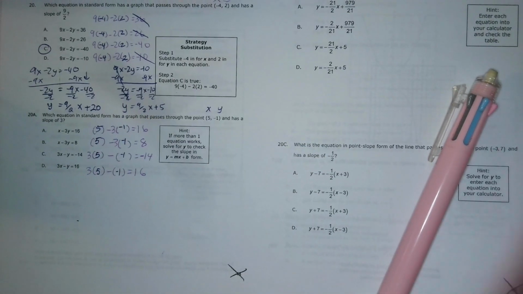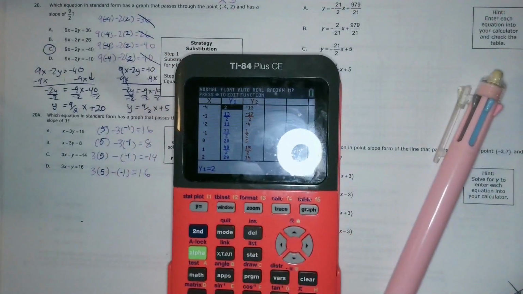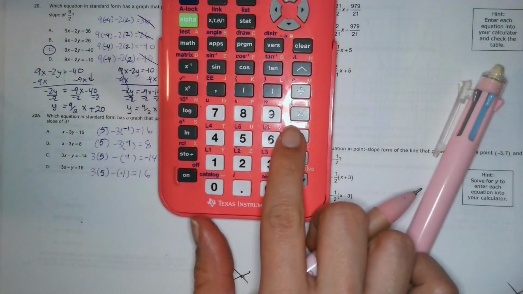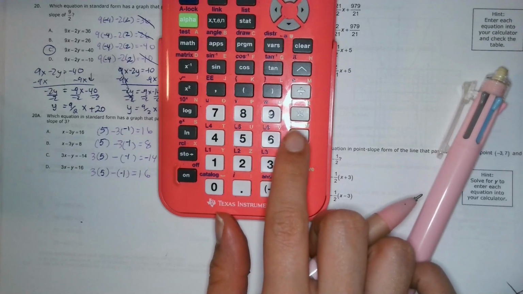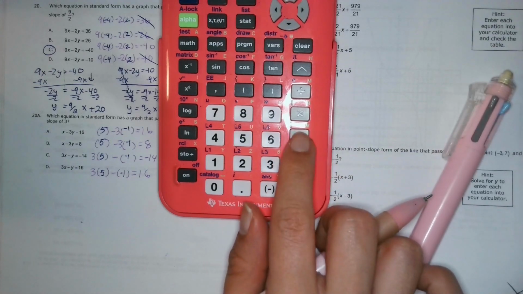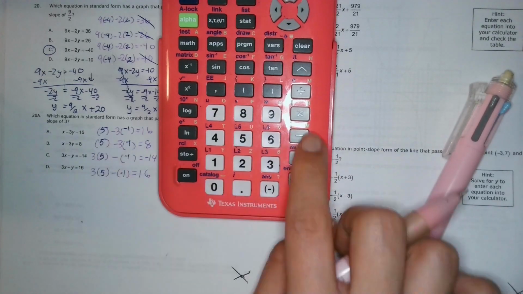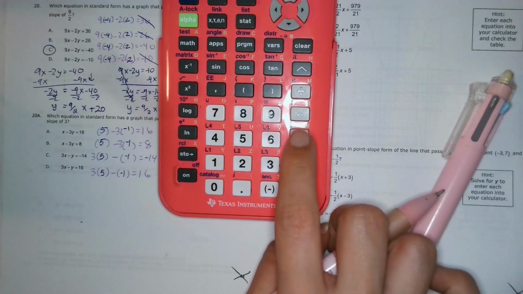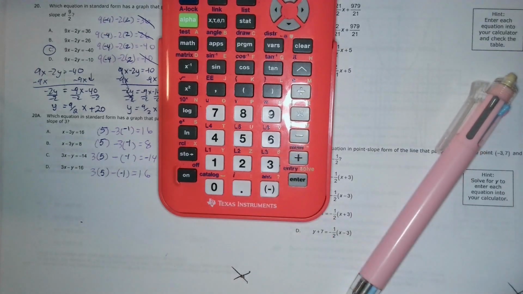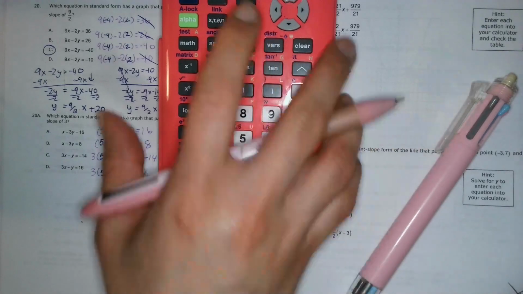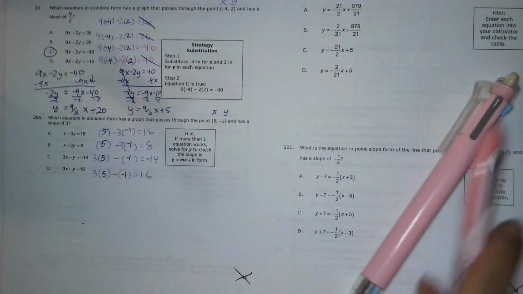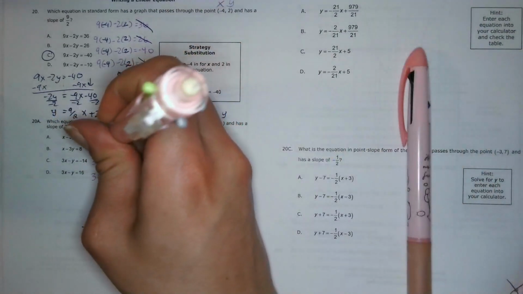But on the graphing calculators, like the TI-84, the negative button is different from the subtraction. So how I try to help y'all remember is that the middle part of an equation uses the minus, middle minus. If the number's inside of parentheses, most likely it'll be negative. So what I'm going to do is just kind of darken all my minus signs.